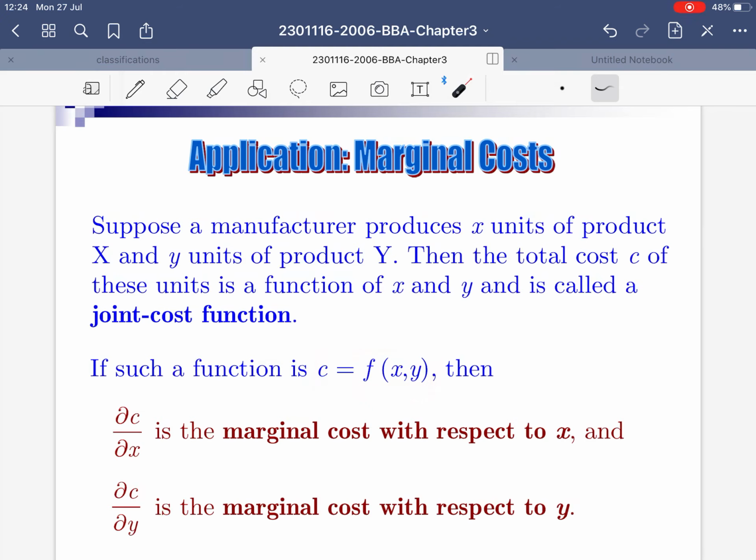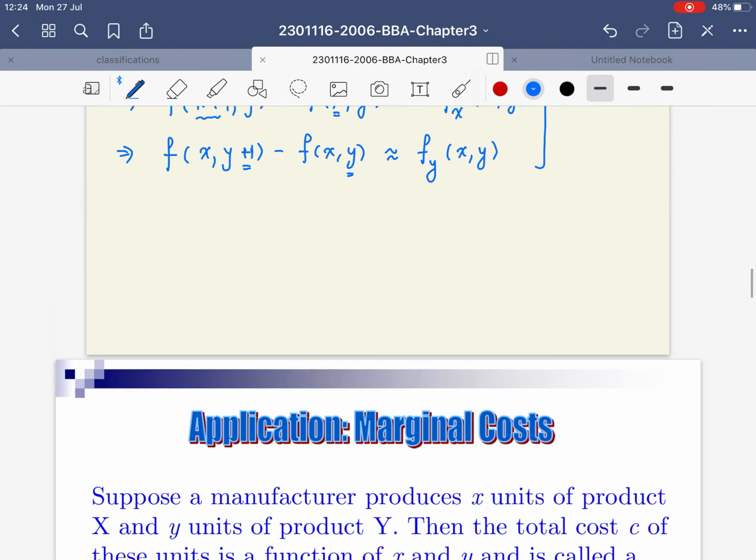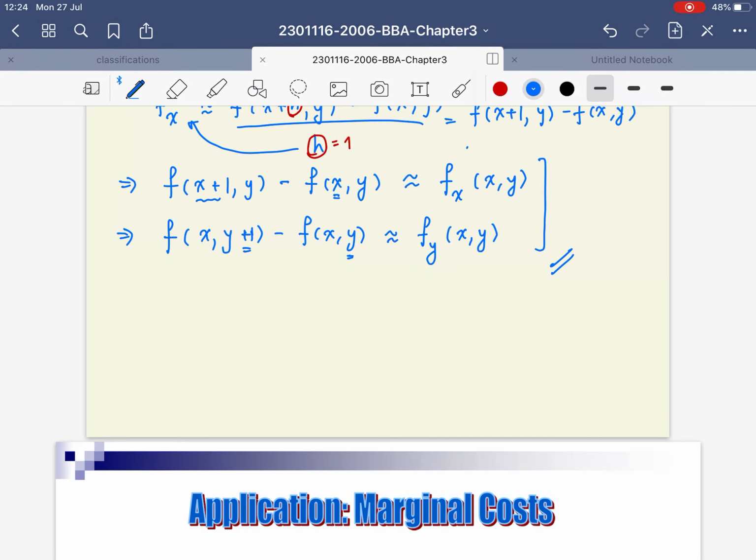Of course, the derivative of C with respect to x we call the marginal cost with respect to x. As we did before, instead of f we use a small c, so c sub x or c sub y.